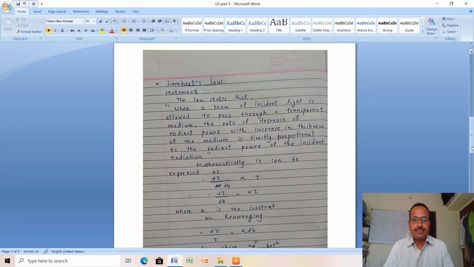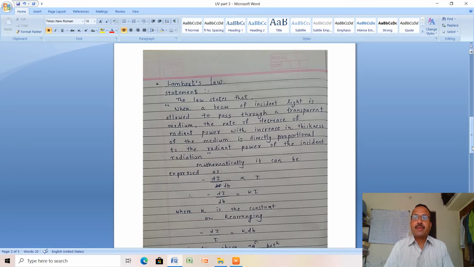Now when a beam of monochromatic light is allowed to pass through a transparent medium, that is a solution particularly, the rate of decrease of radiant power with increase in thickness is directly proportional to the radiant power of the incident radiation.